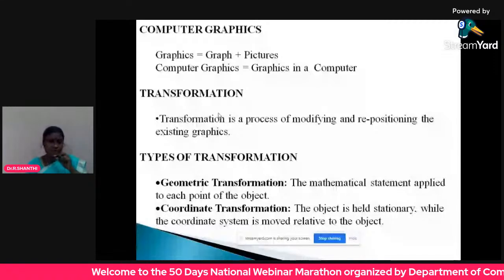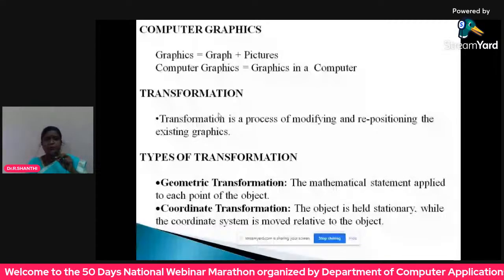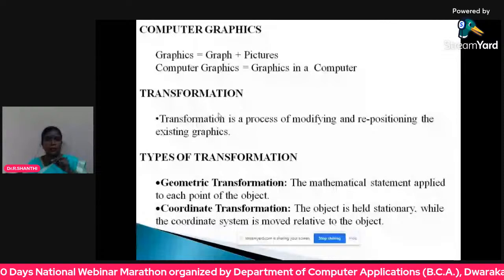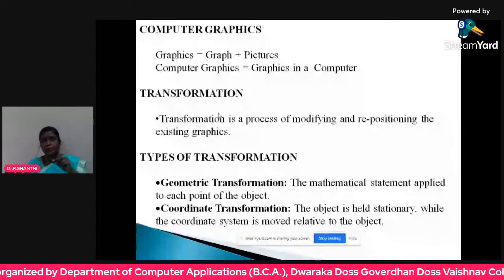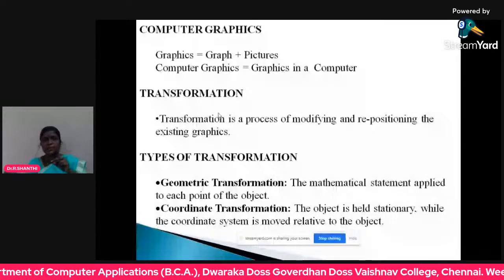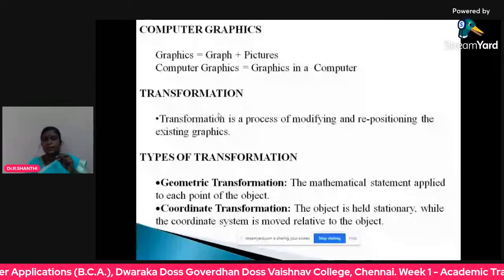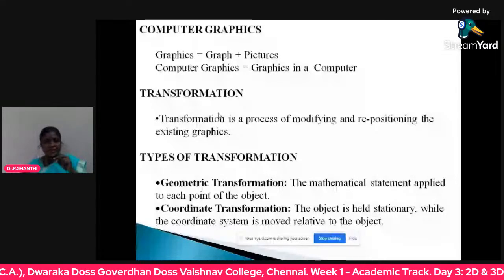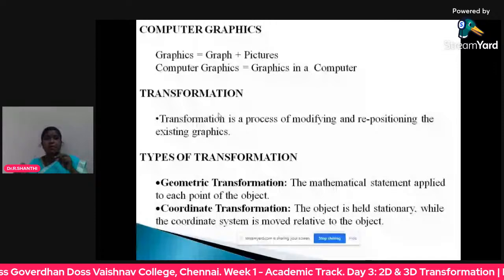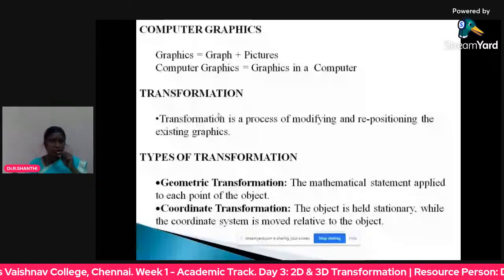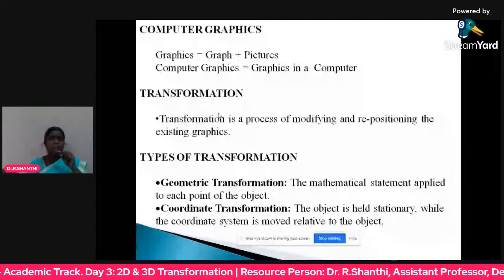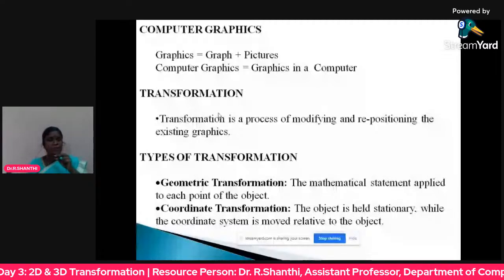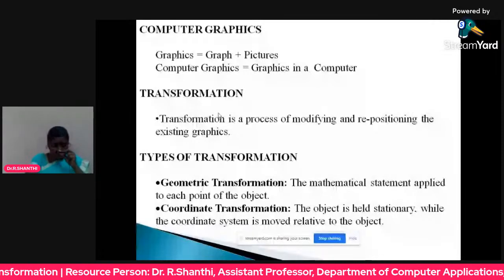I just want to transform the picture, otherwise change the position of the picture and place the picture somewhere inside the screen. That is what you call a transformation, so that the originality of the image or the object is not lost. You just want to transform it some other way. That is what you call a transformation.